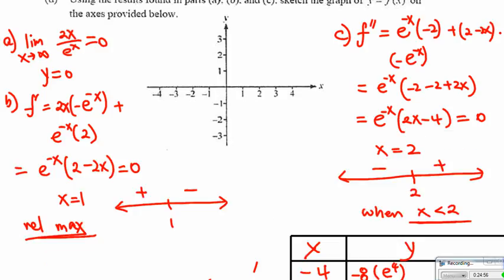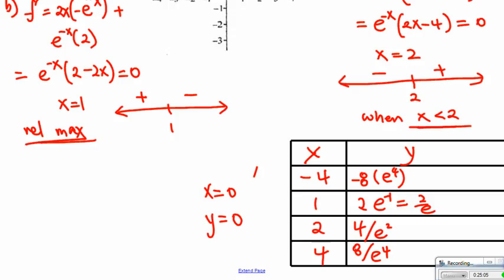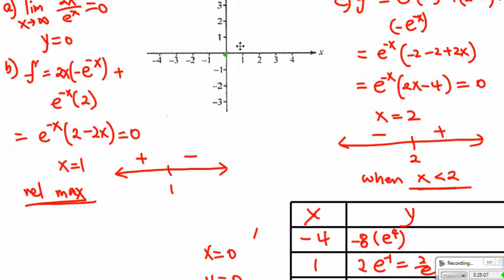Then let's plot those points in. When x is 1, it's going to be about 2/3, so it's going to be around here. When it's 2, it's going to be about half. And when it's 4, it's going to be even smaller than that.